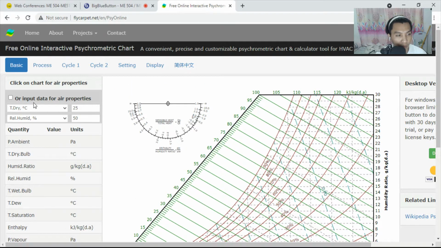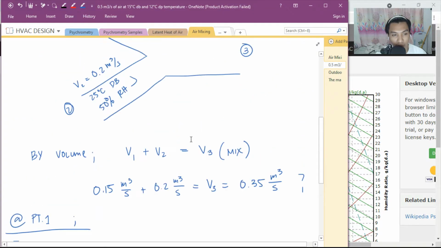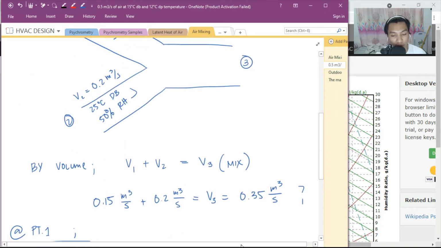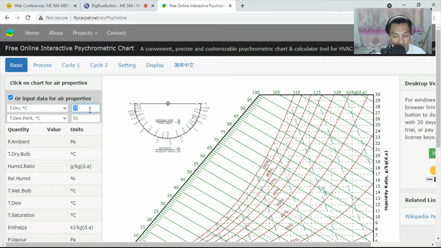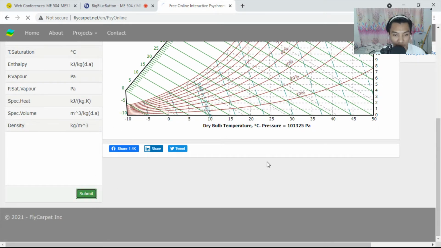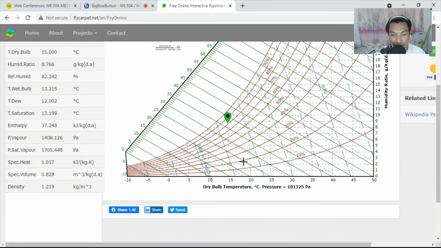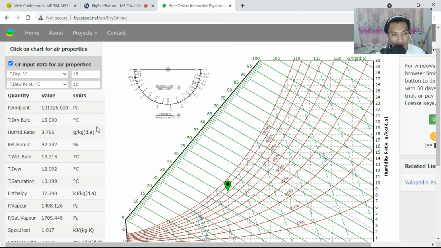Okay. Input natin yung data. So, meron tayong dry bulb and dew point. The dry bulb will be 15 and then 12 yung dew point. Submit. Okay, mamaya i-plot natin siya. Andito siya. Okay. Take note of that. So, nahanap na natin si dry bulb.